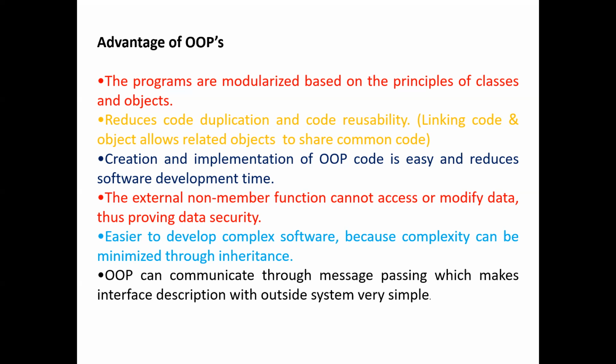It states that it is easy to develop complex software. The complexity problem of difficult software can be easily solved by using object-oriented programming. Why? Because it has one of the important characteristics, inheritance. We have learned inheritance in the characteristics of OOPs. With the help of this, the complexity of the software can be minimized.